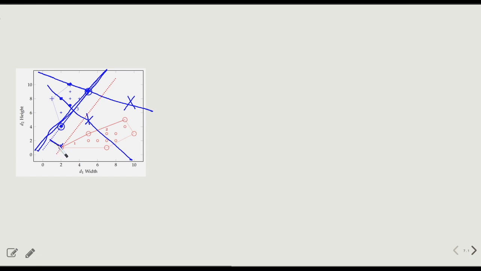And the length of this line is the margin between the two classes. Okay, so how wide this margin is is important. And of course, we want the margin to be as wide as possible to separate the two classes as far as possible.